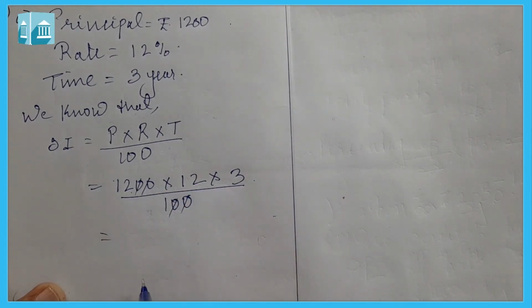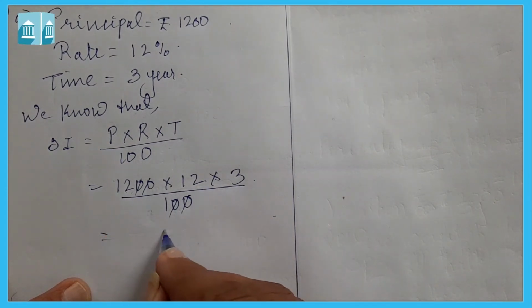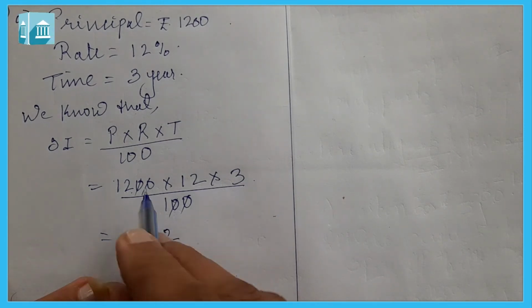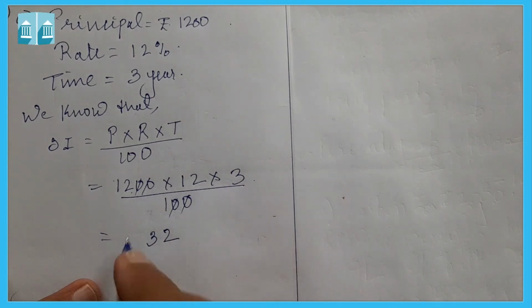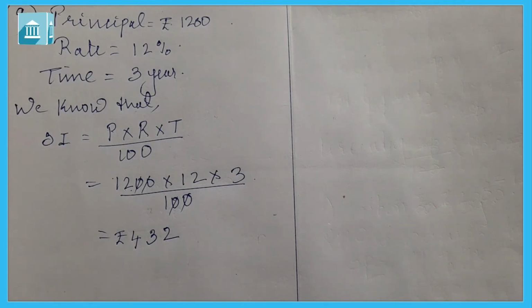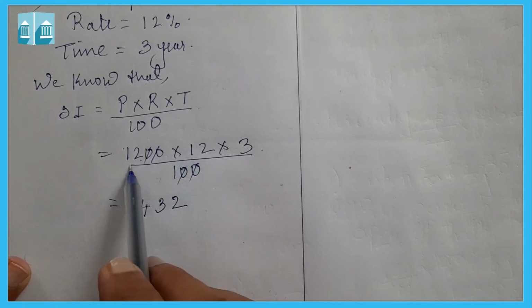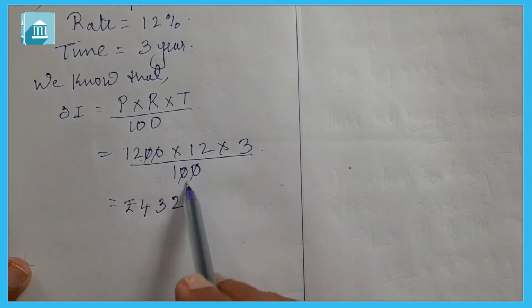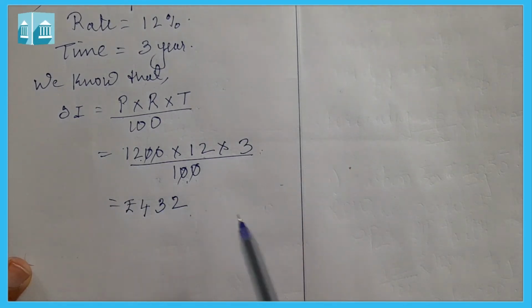So 12 into 12 is equal to 144. 144 into 3: 4 3s are 12, again 4 3s are 12 plus 1 is 13, 1 3 is 3, so rupees 432. So the simple interest is rupees 432.